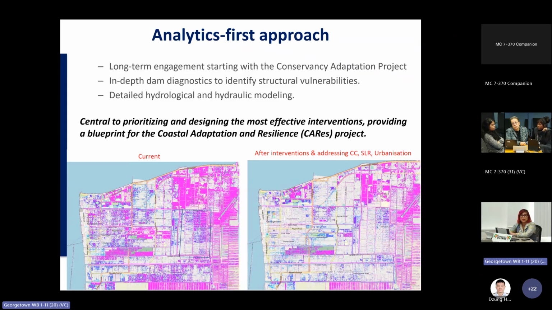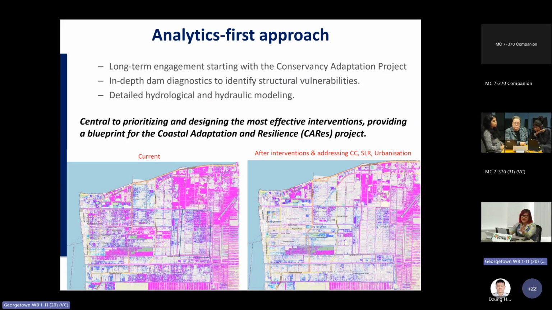So these are the figures you see at the bottom of the screen. And the reduction in pink is the projected reduction in flood extents after intervention, addressing climate change, sea level rise, and urbanization, but not fully addressing the massive change in the intensity of urban development.